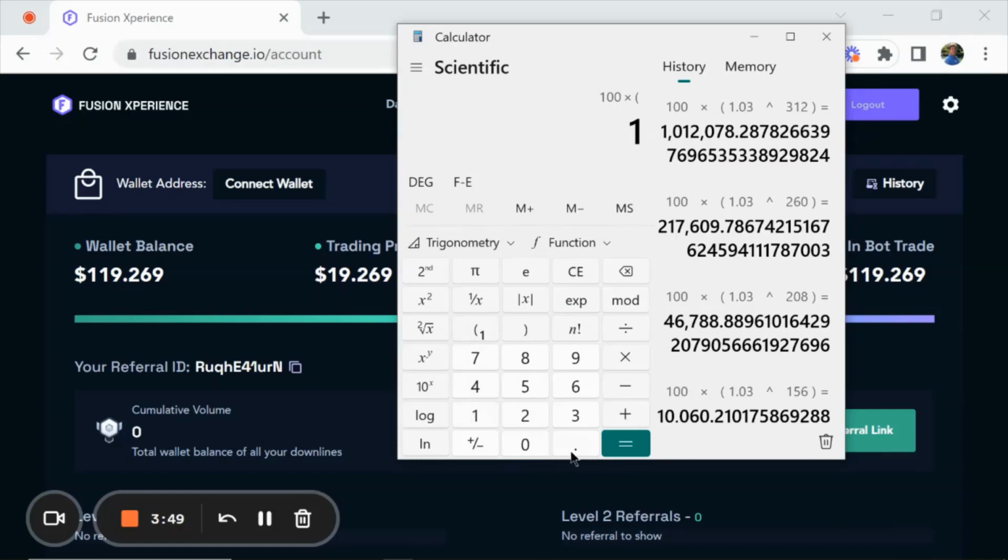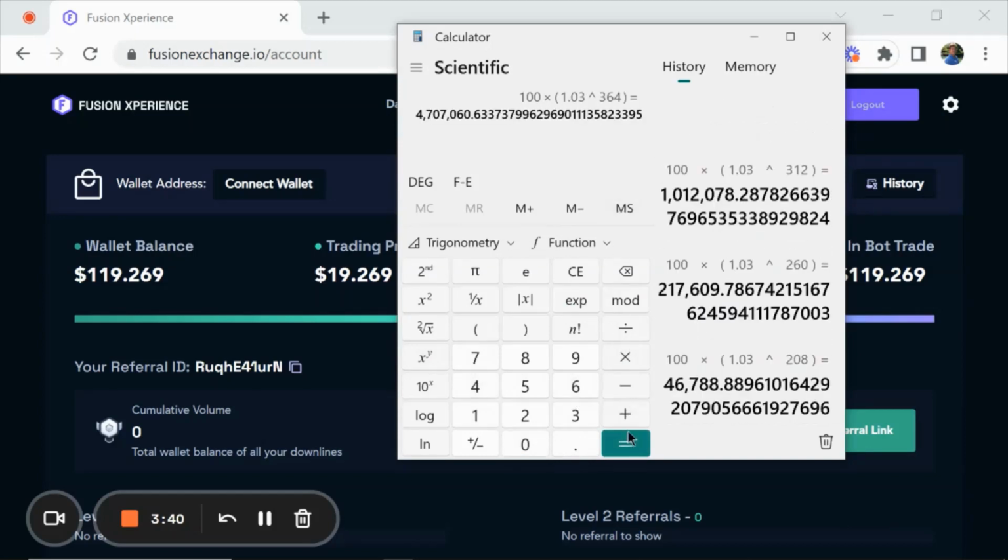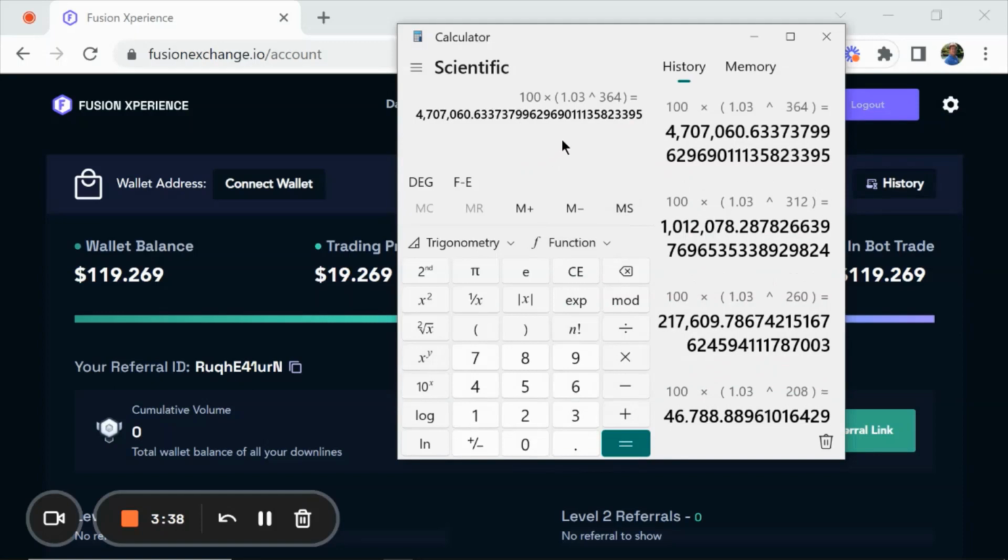We're going to do, again, at a 3% interest, and doing it for 7 years. That would be 364 weeks. At that point, you'd have $4,707,000. And if we go ahead and do it again to 8 years, we'll be looking at a term of 416 weeks.